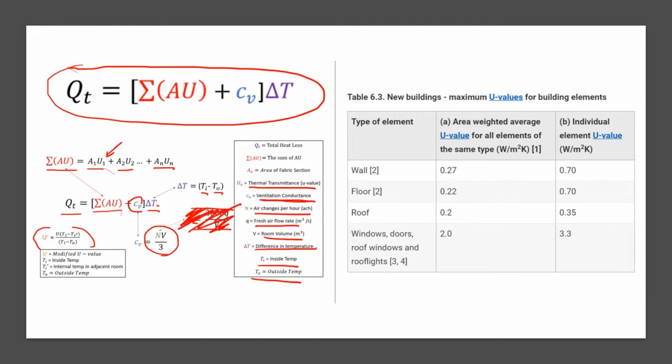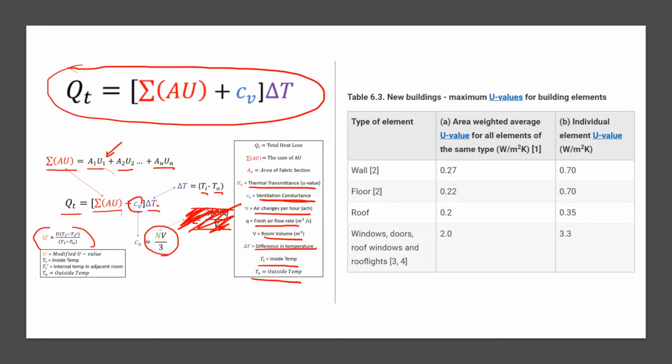The modified U value only factors in for internal partitions. So if you've got an external wall, you don't care about the modified U value. If you've got an internal wall, you're going to have to calculate that because we're going to have slightly less thermal transmittance than we normally would, because it's going into a room that's going to be hotter than the outside world. If that doesn't make any sense, don't worry about it. It will once we start going through it.